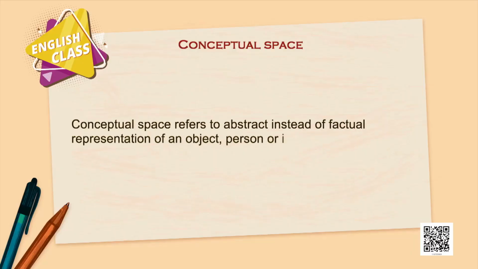Now, conceptual space refers to abstract instead of factual representation of an object, person or idea. So, here we have two examples of two paintings from two different parts of the world, Eastern as well as Western.